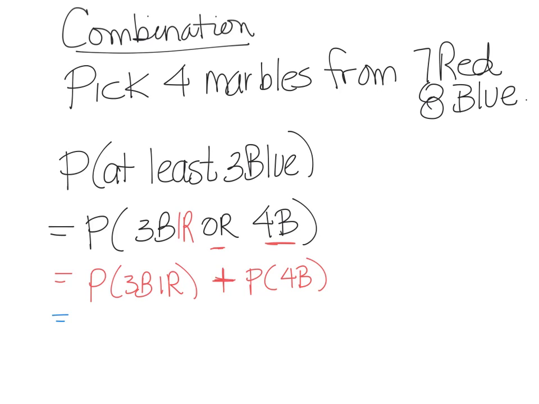Times all the ways that could happen, because I really don't care about the order, okay? And the same when you're calculating the probability of 4 blues. You need to say first one blue, and the second one blue, and the third one blue, and the fourth one blue, and so you multiply those together, okay? So there's both addition and multiplication going on in the same problem.